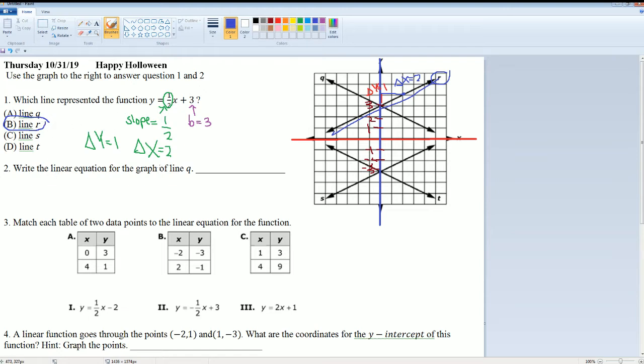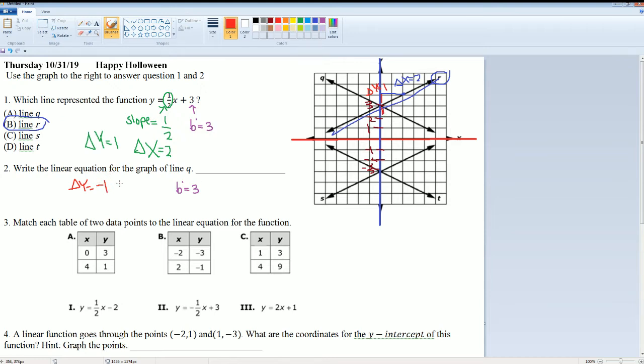Write the linear equation for line Q. Where's Q? Q here has the same y-intercept. Let's just bring this back up there. It has the same y-intercept, but its slope is different. Its delta y was going down, so it's -1 because it's going down.